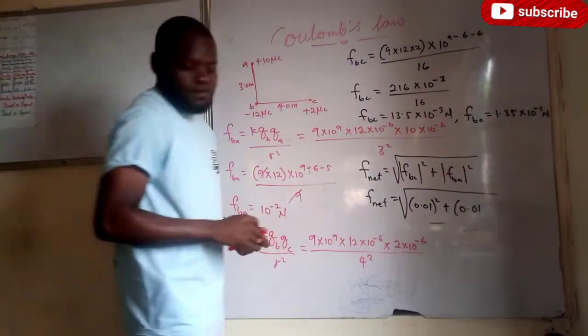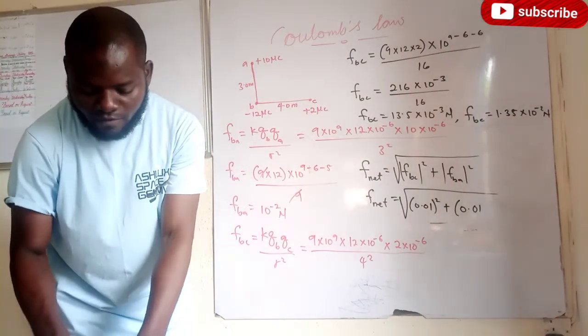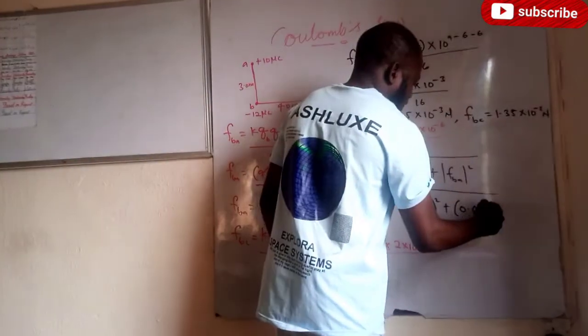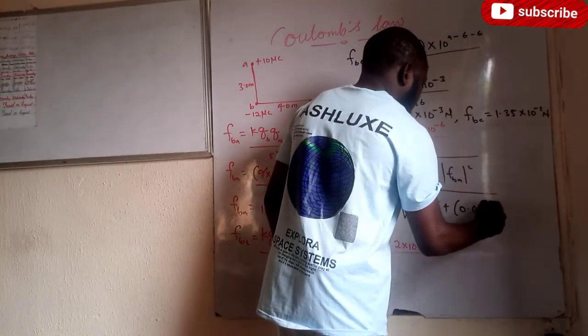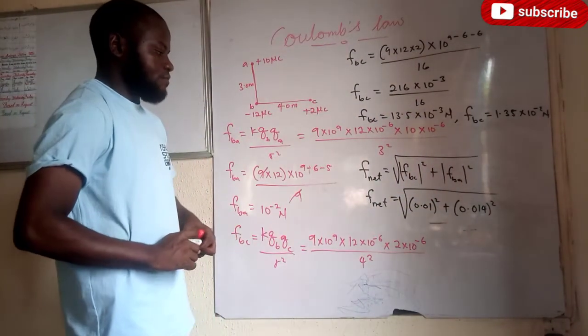Okay, let me check. Divide 1.35 by 100. So that will give us 0.0135. So okay, let me just put this as 0.014 all square, so that it will be a significant difference there.